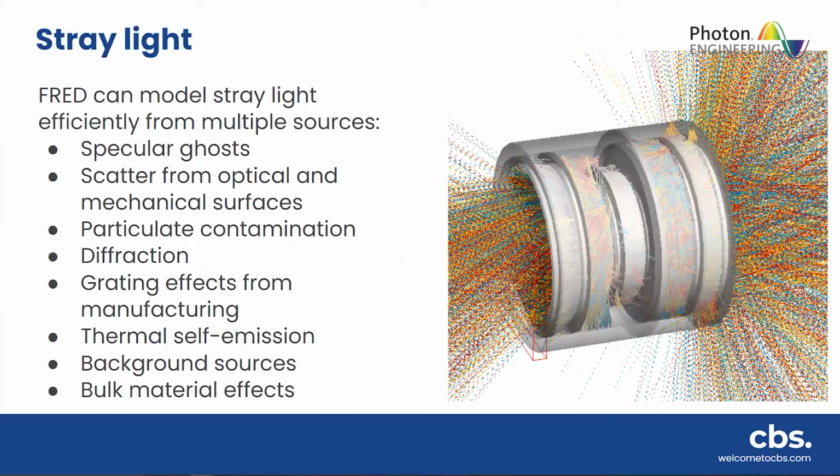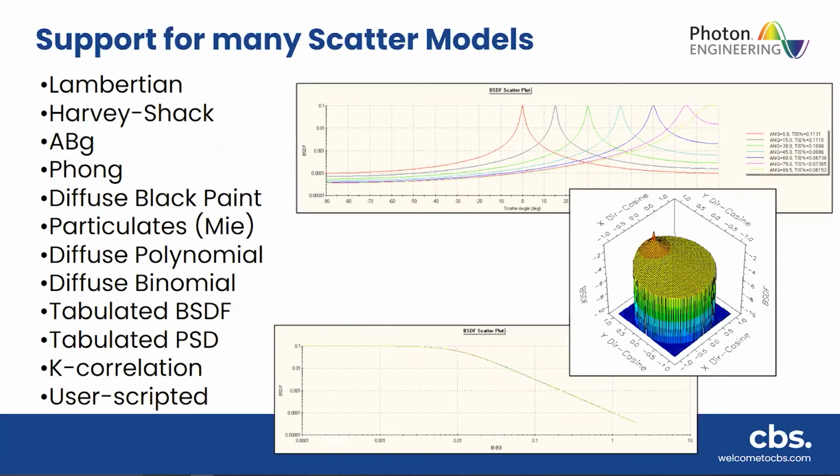In terms of the tools that Fred has for us to model this, the first great thing is an abundance of different scatter models. Fred has lots of different models for us to choose from, and of course we need to pick the one that best represents the type of scattering that we expect to see. We have all the usual suspects of Lambertian scattering, Harvey-Shack, but also a number of other models.